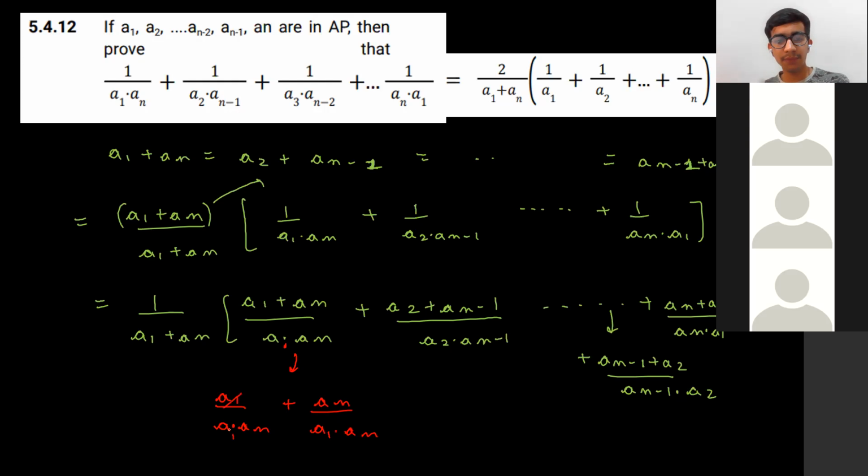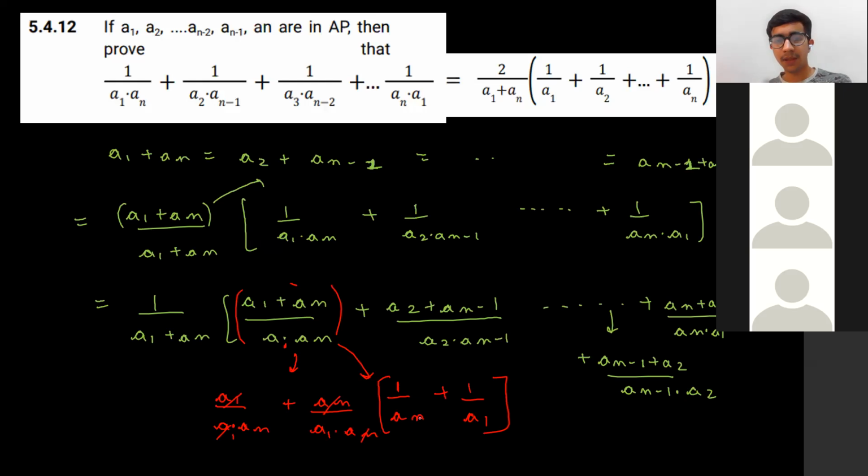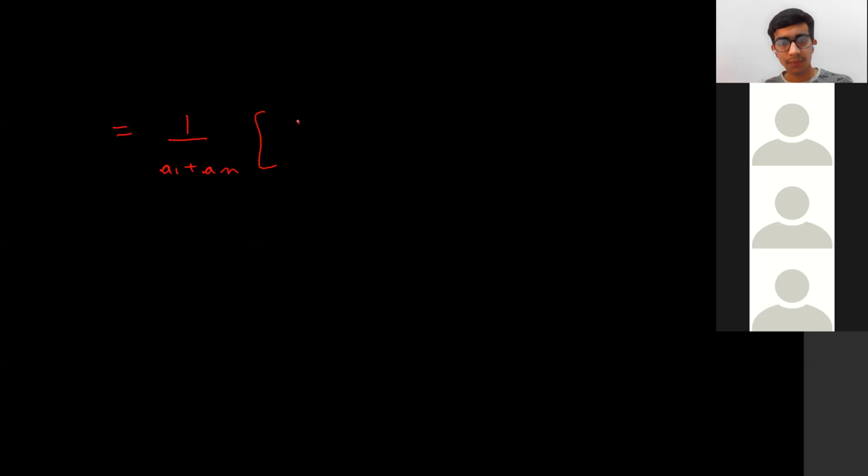Now this a1 and a1 get cancelled. Similarly, an and an get cancelled. So this particular term reduces to 1 over an plus 1 over a1. So the first term is 1 over an plus 1 over a1.